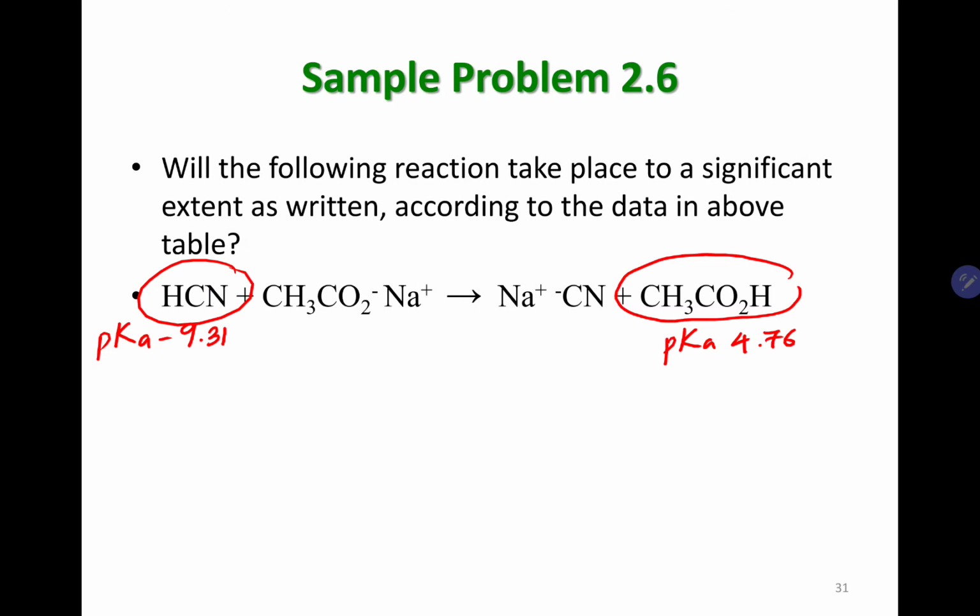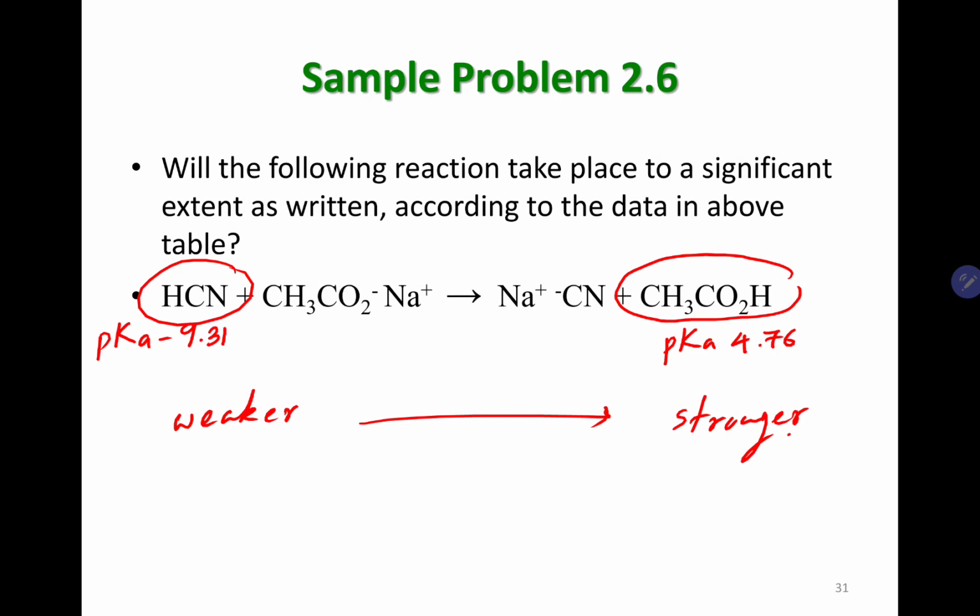So you are basically starting with a weaker acid, and then you end with a strong acid. Can you do that? No, that is not feasible.